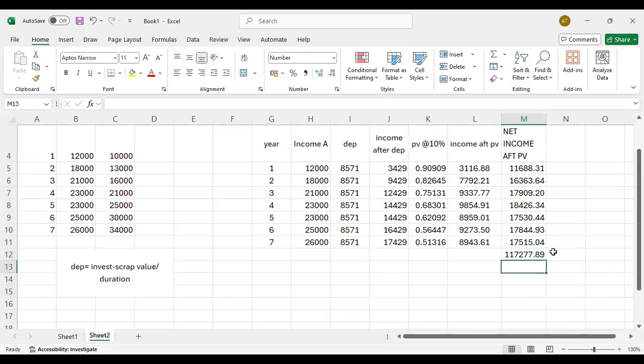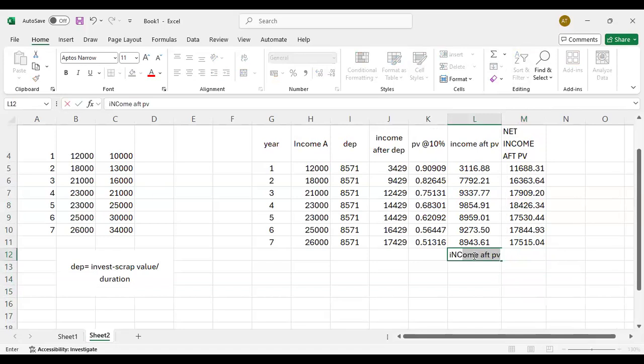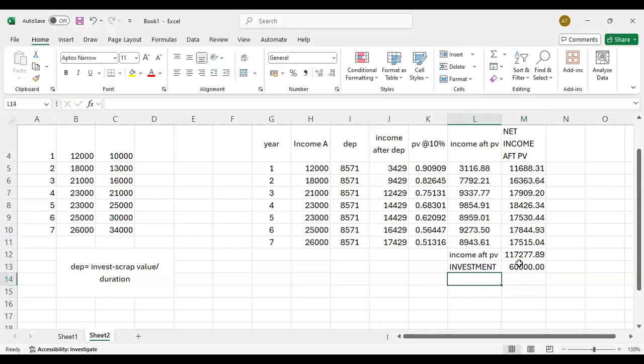My total income from project A is something 1,17,277. So this is total. Then what is my investment? It is 60,000. Then I have to find out my NPV.